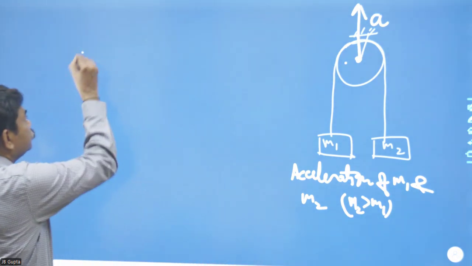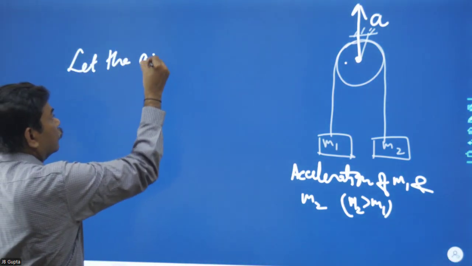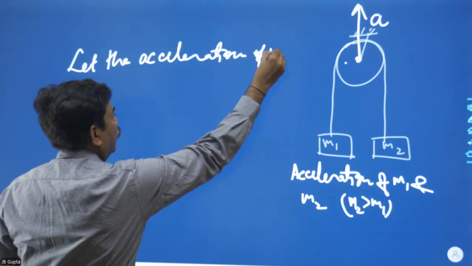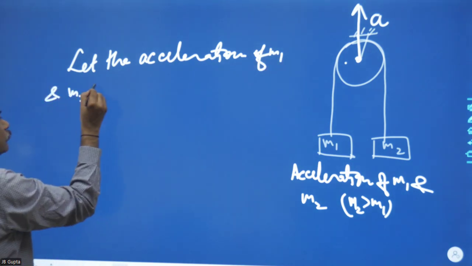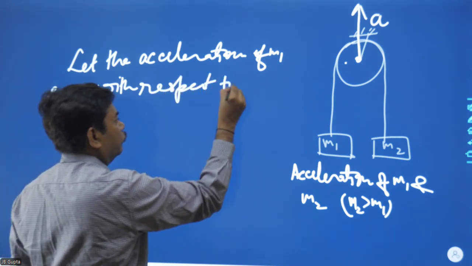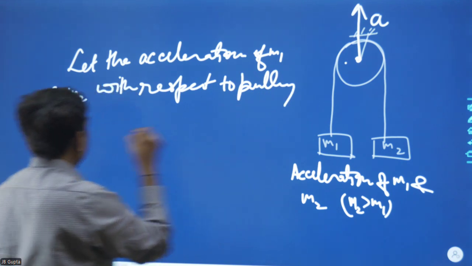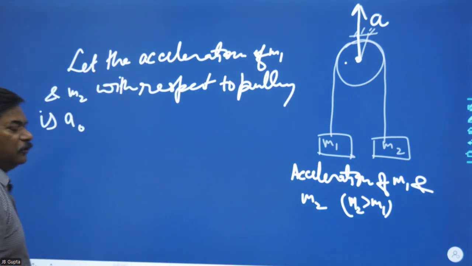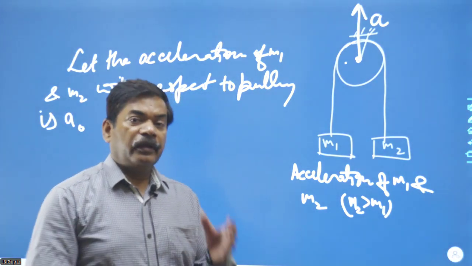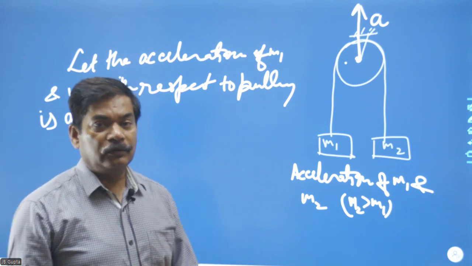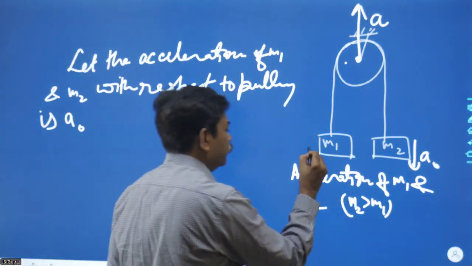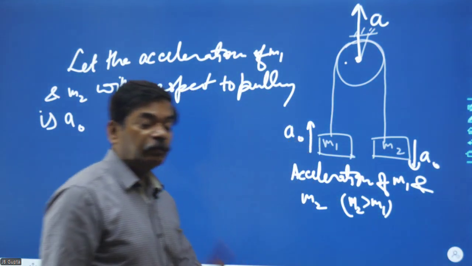Let the acceleration of M1 and M2 with respect to pulley be A0. पुली के रिलेटिव एक्सेलरेशन A0 है M1 और M2 दोनों का, M2 का डाउनवर्ड्स और M1 का अपवर्ड्स.